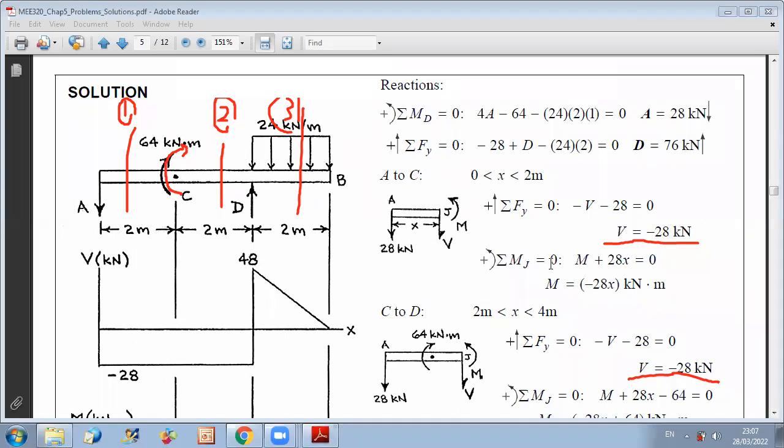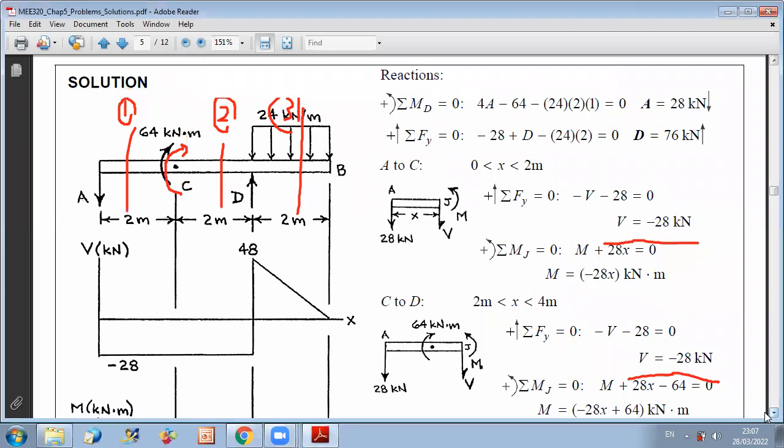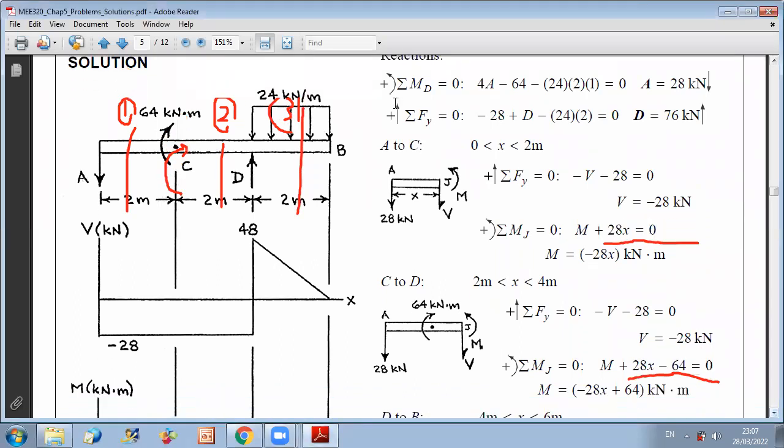So if you observe now after we do the equation, the only difference is that in section C to D, you add 64 to the equation of the moment in the first section. Let us verify this.